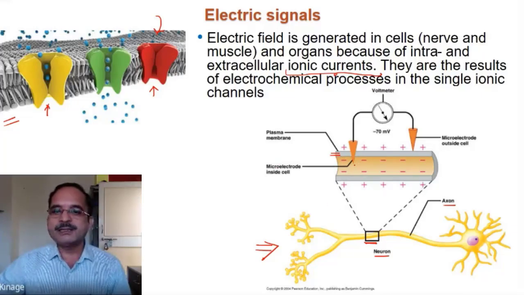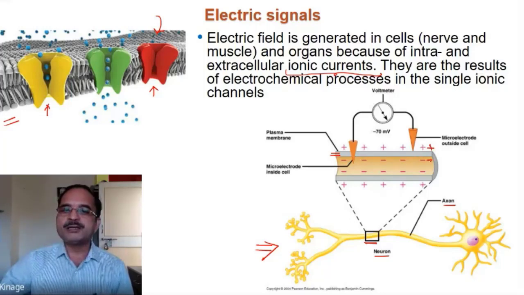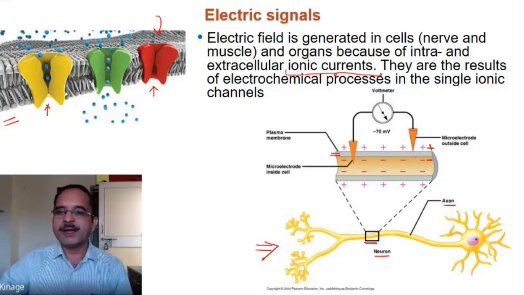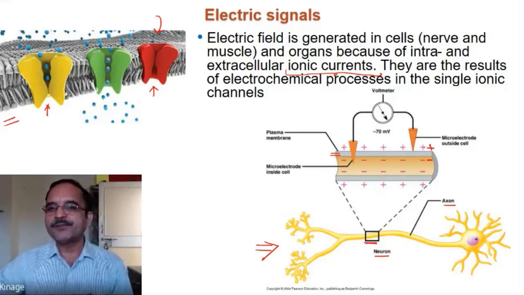Inside this cell there is a negative potential, and outside of the cell there is a positive potential. This boundary wall is called the membrane, and usually it is a semi permeable membrane, which we'll discuss later. That is the boundary, and this potential can be measured with the help of some electrodes.